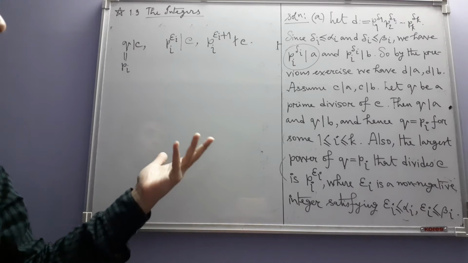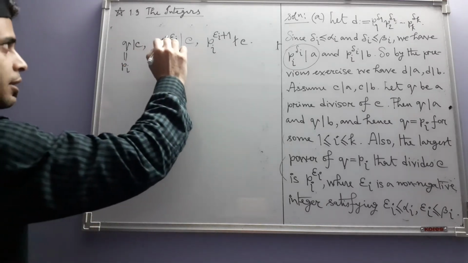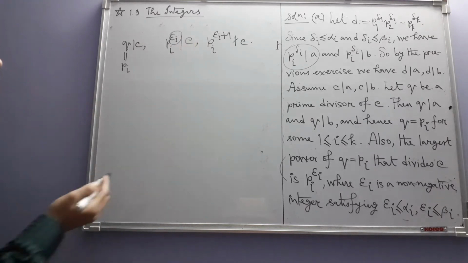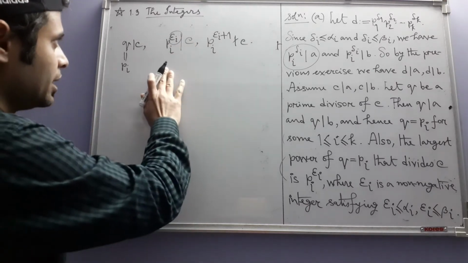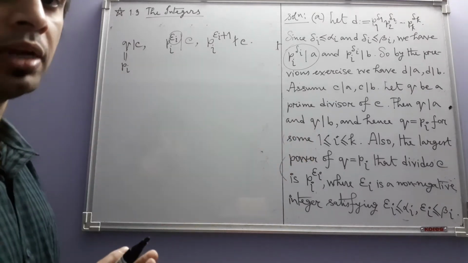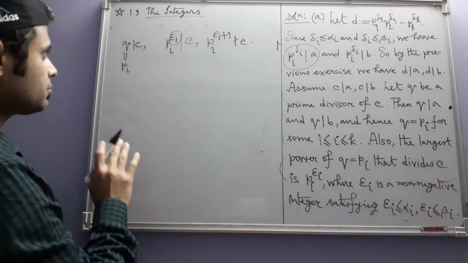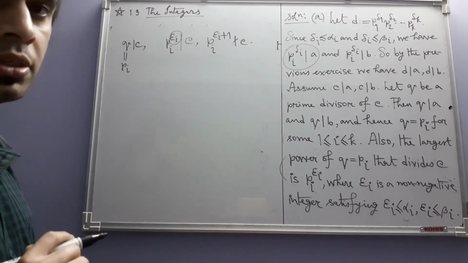Otherwise there is no prime divisor. So epsilon I need not be positive. It may be 0 also, and 0 is when C is not divisible by any prime. Okay. So what can we say from this situation?